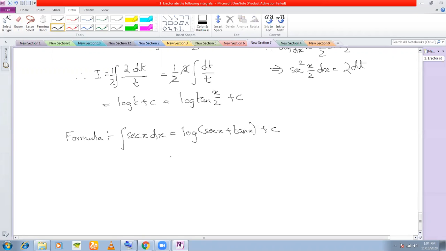And the second form here is log tan, remember the formula, log tan pi by 4 plus x by 2 plus c.